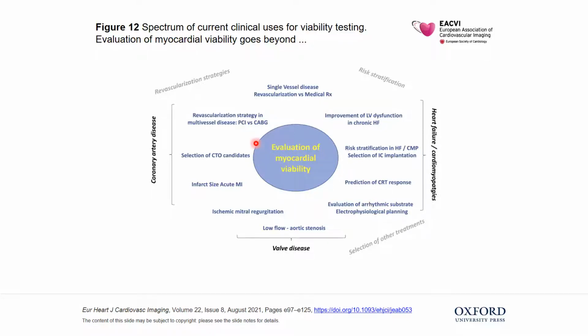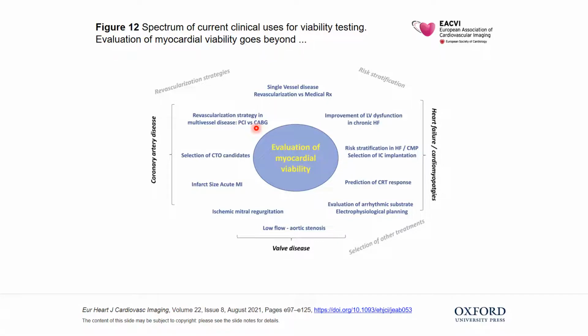I think that especially before doing revascularization, you should always do some viability testing. I don't routinely do viability testing in all myocardial infarctions. It depends on the results from the coronary angiogram and if they have multivessel disease.